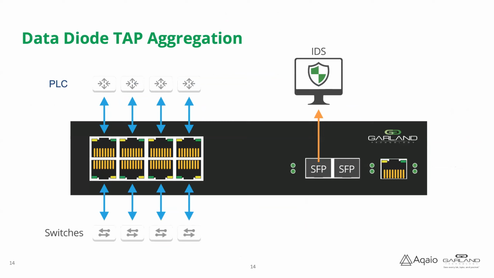We have a product that we use a lot in that sort of scenario. I've shown here a data diode tap that we have that is effectively 4 taps to 1 or 2 uplinks. And that gives me the chance to tap in line between switches and PLCs, in line between multiple different things.